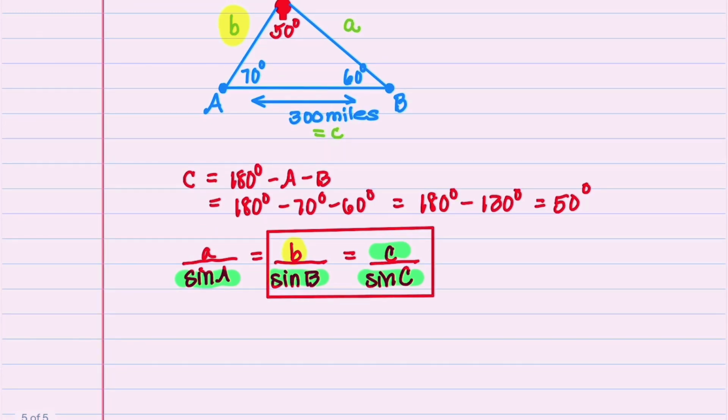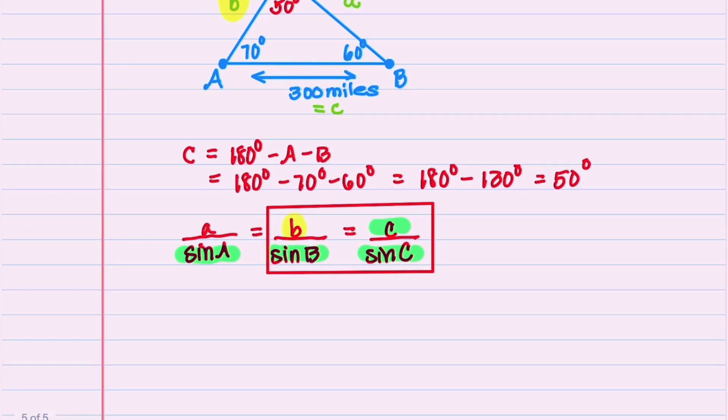Let's go ahead and fill in those values. We have B divided by the sine of angle B, which is 60 degrees, is equal to side length C, which is 300, divided by the sine of angle C, which is 50 degrees.